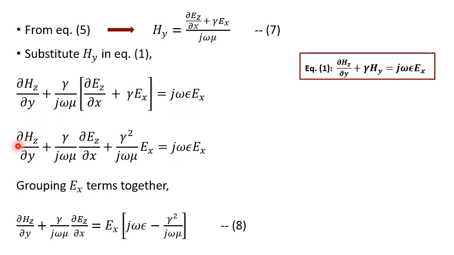Now I'm just going to open this bracket and then group together the Ex terms. So if I group together the Ex terms, I'll get dou Hz by dou y plus gamma by j omega mu dou Ez by dou x is equal to Ex into j omega epsilon minus gamma square by j omega mu.